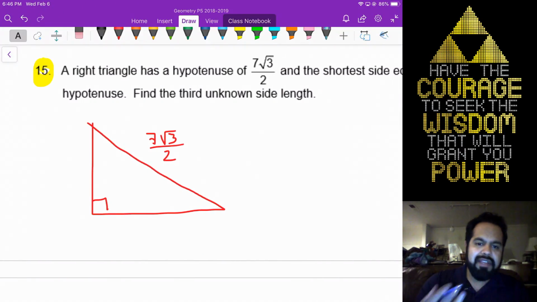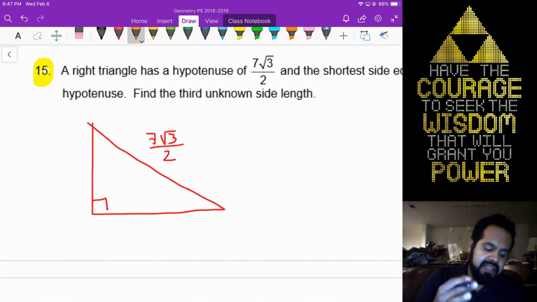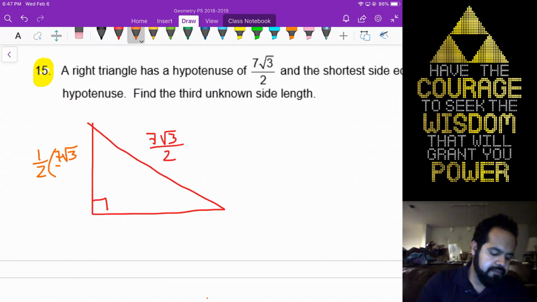Well, we have a couple of options here, right? We're saying that the shortest side is half the hypotenuse. So if I wanted to, I could say 1/2 of the hypotenuse. I could literally say take half of that value. And I would simply get 7 rad 3 over 4. That is my short side.